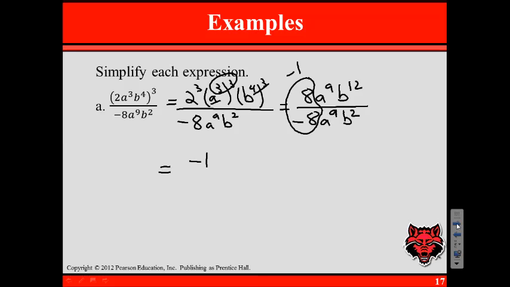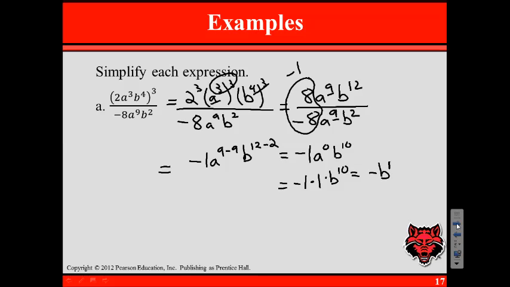We write a one time, the exponent on top minus the exponent in the denominator, 9 minus 9. Do the same thing with b. We write b raised to the 12 minus 2. As we continue to simplify, we have negative 1, a to the 0 power, b to the 10th, which is negative 1 times b to the 10th, or just negative b to the 10th.